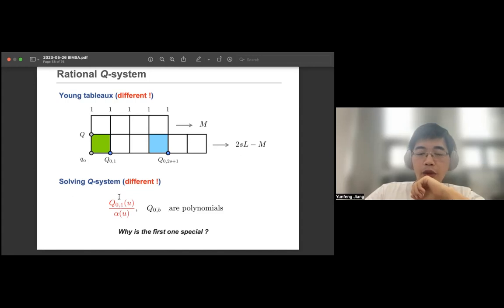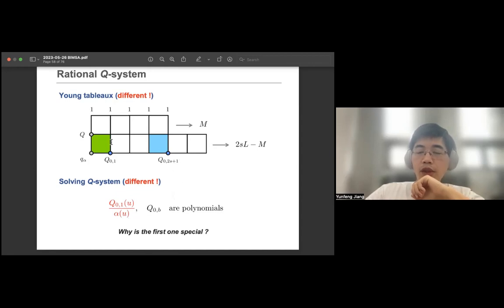Remember, before we didn't distinguish Q01 and the rest of the Qs. But we realize that in the higher spin case, if we don't do this, we don't get the correct solutions. So we need to require Q01 divided by alpha, and the rest of the Qs, to be polynomials.